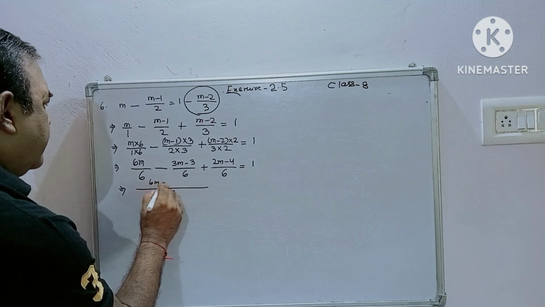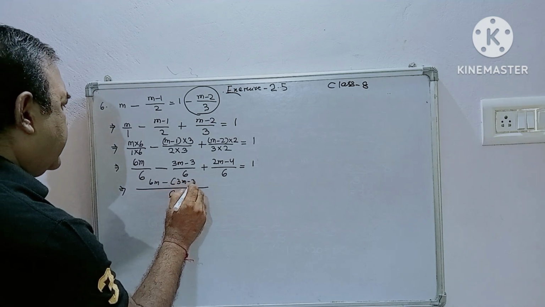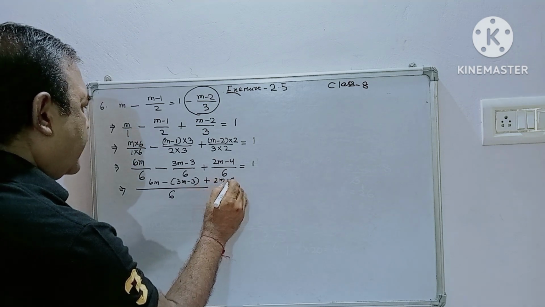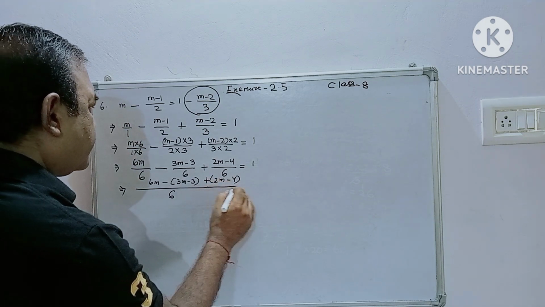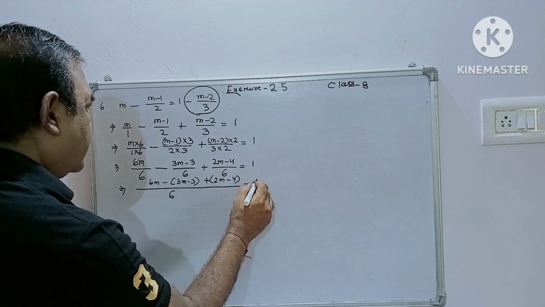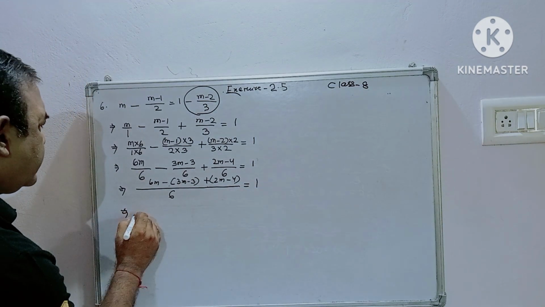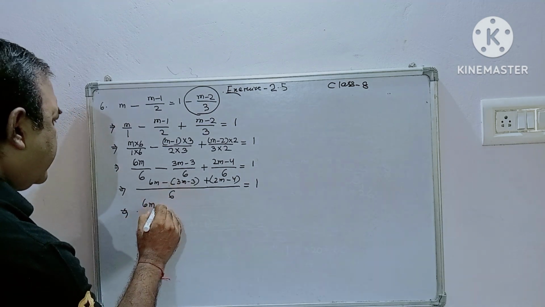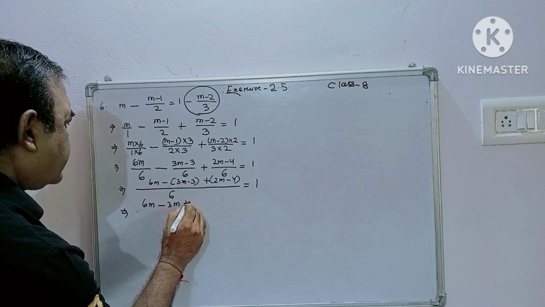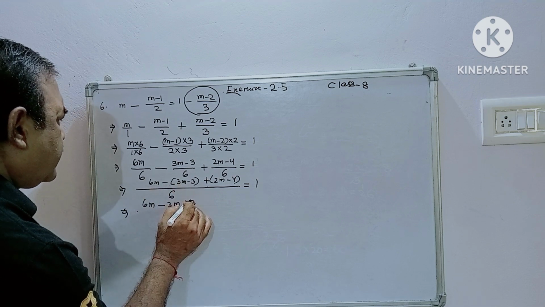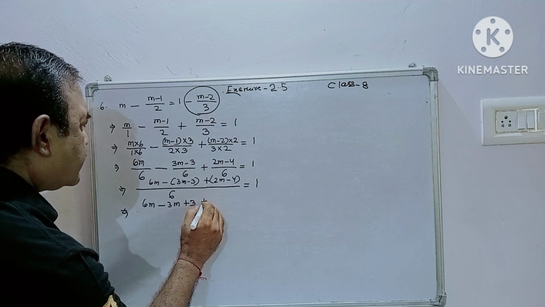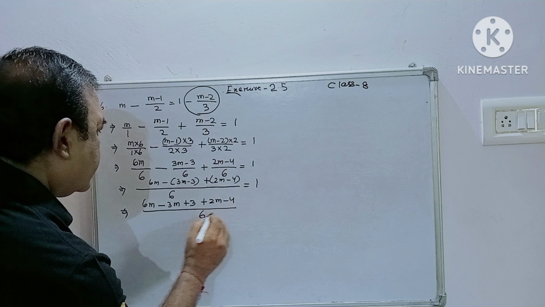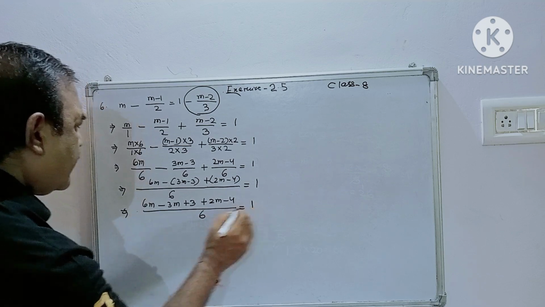So 6m minus (3m minus 3) plus (2m minus 4) is equal to 1. That implies 6m, you release the bracket here, minus 3m plus 3, minus and minus is plus, so plus 3 plus 2m minus 4, whole divided by 6, that is equal to 1.